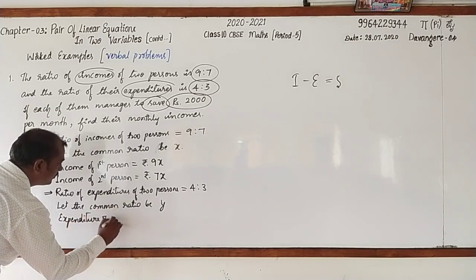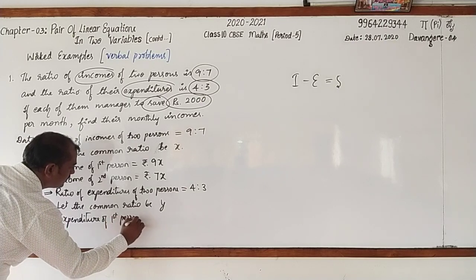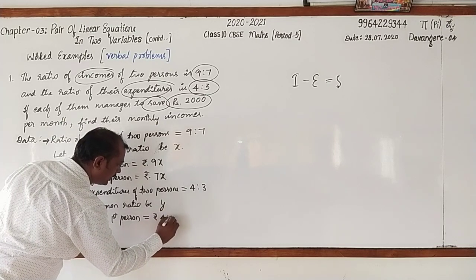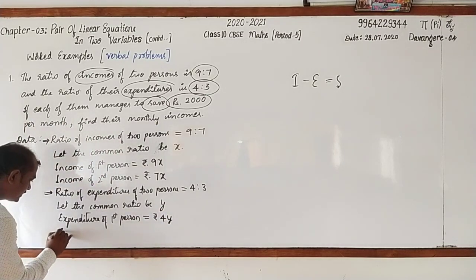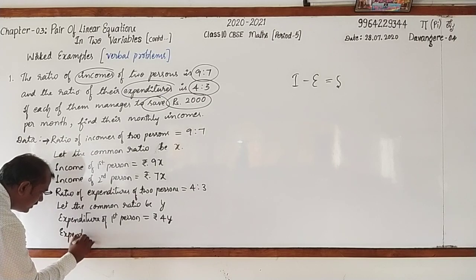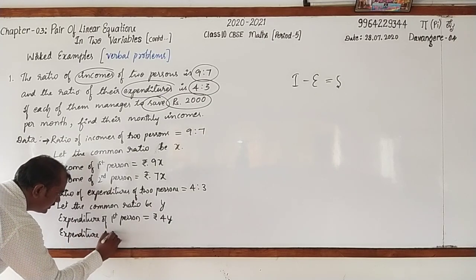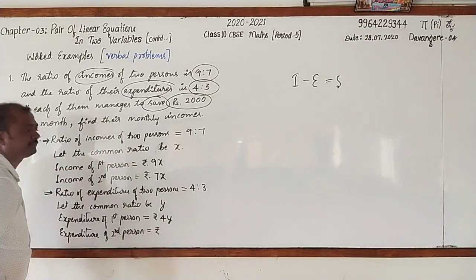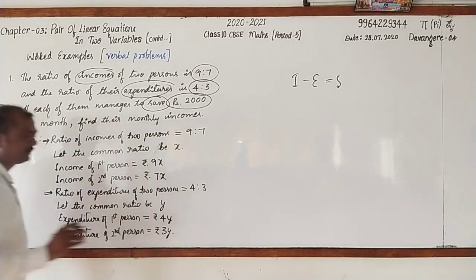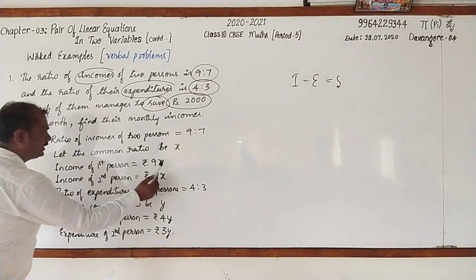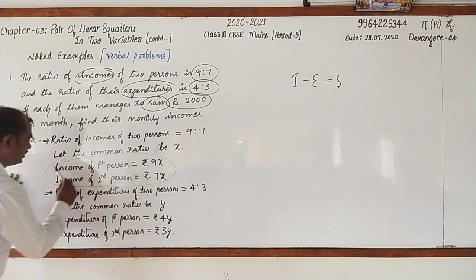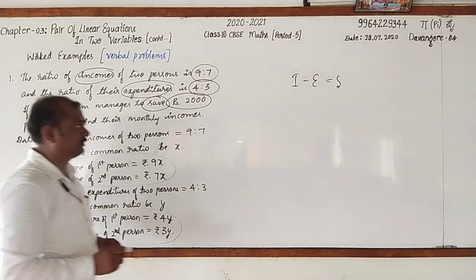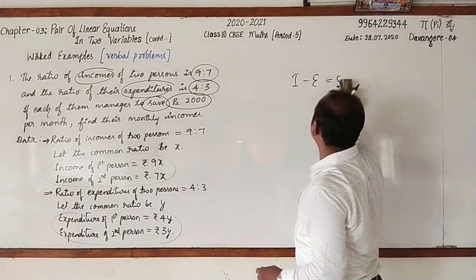Expenditure of first person, it is equal to rupees 4y. Then expenditure of second person, it is rupees 3y. Clear? Okay, you may go for writing it directly, this part and this part. Only for the sake of understanding, I have written a bit in detail. Now, let's move on to that.